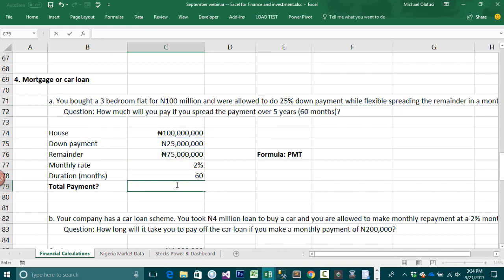So let's calculate that one. How do you calculate how much you will need to pay every month for the next 5 years to finish paying for the house? Again, we're back to PMT. That's why I say PMT is that formula you should get very, very familiar with.